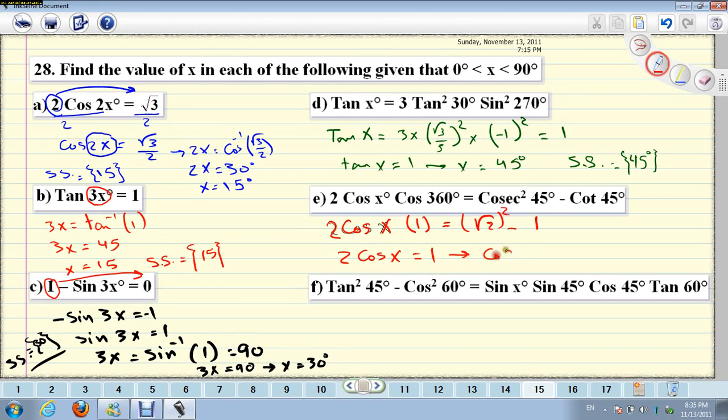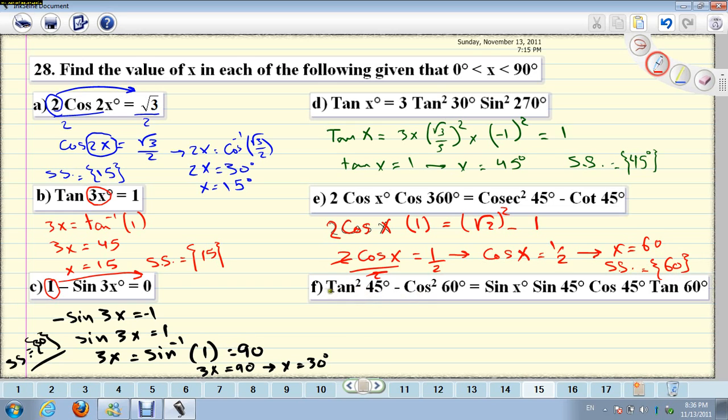So cosine x equals half, because I'm going to divide both sides by 2. This 2 will be cancelled with this 2. So the answer here is half. And use a calculator to get the angle whose cosine is half. So x equals 60, and the solution set equals 60.